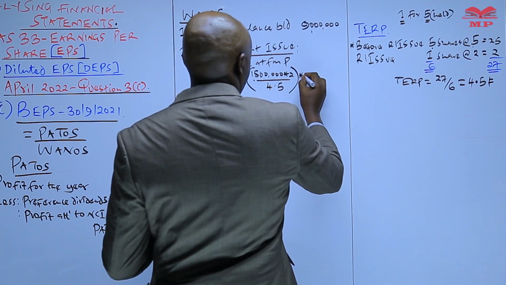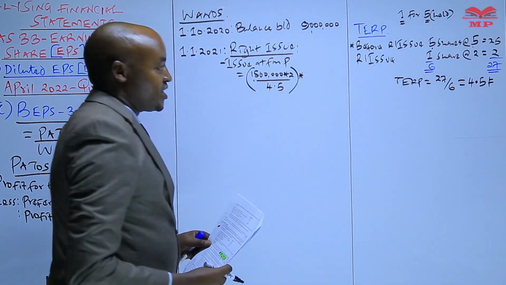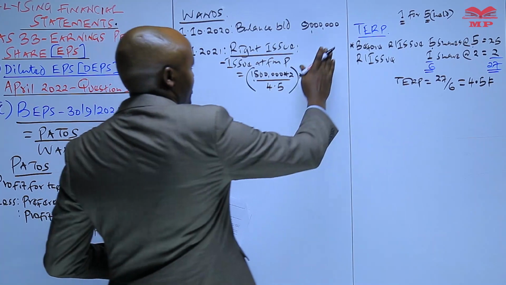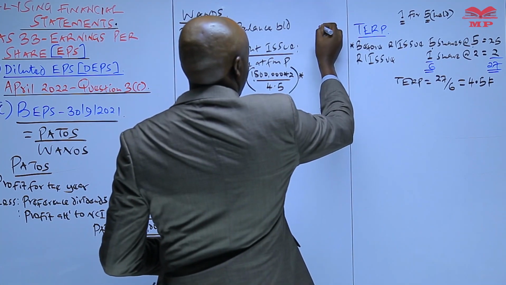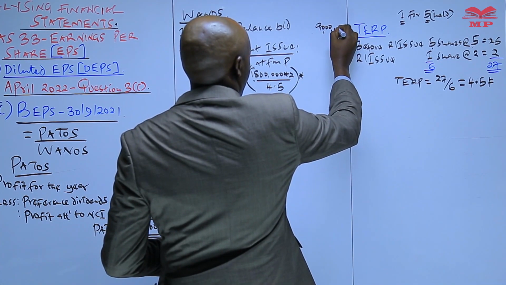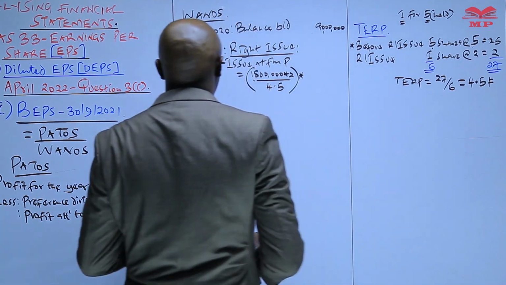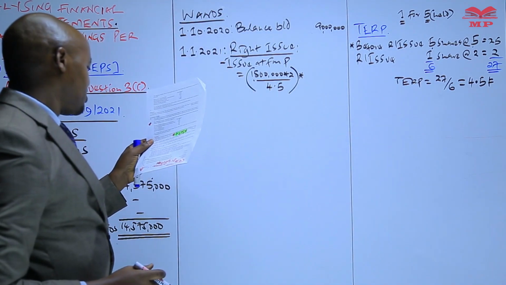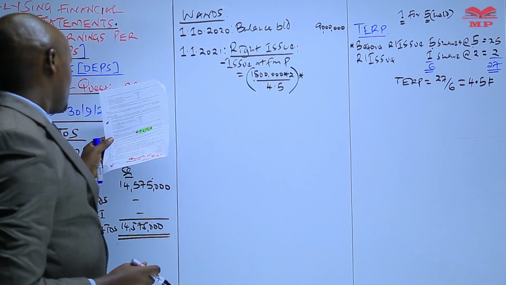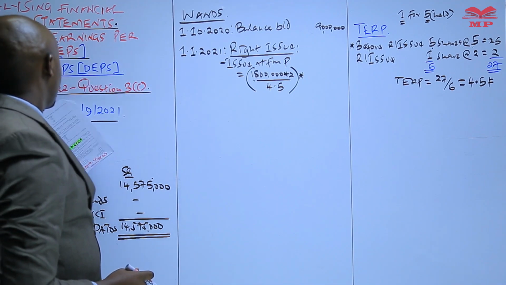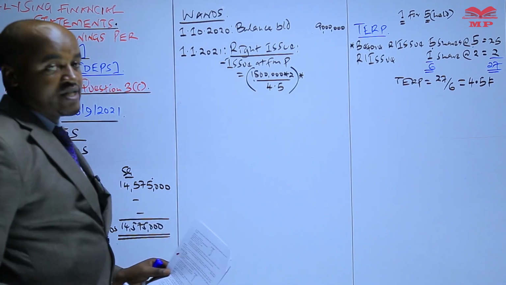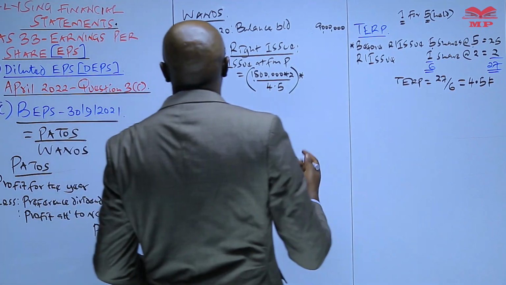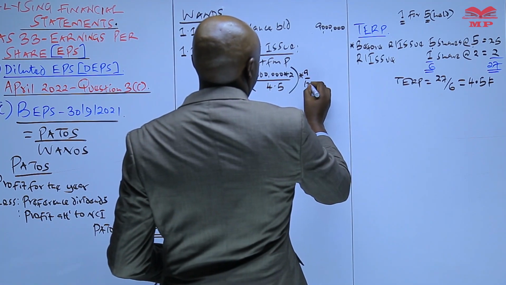And then these particular shares should always be weighted on time basis, for the period they were held. So these shares were held from 1st of January 2021, and we know the year was ending 30th September 2021. So these shares were held for 9 months, 9 over 12.